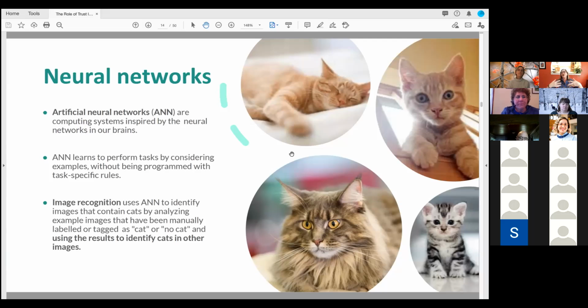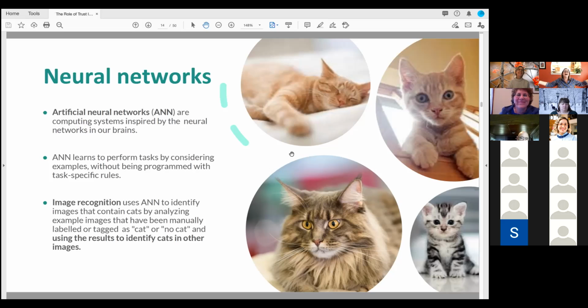If you think about a child learning about the world, it's building its neural network to understand how the world works. So if you think about a specific category, let's say cats, if we want to train a neural network on what a cat is, we have to spend a lot of time first showing it pictures of what is a cat, and then what's not a cat. Not a cat, right? This is not a cat. This is not a cat.